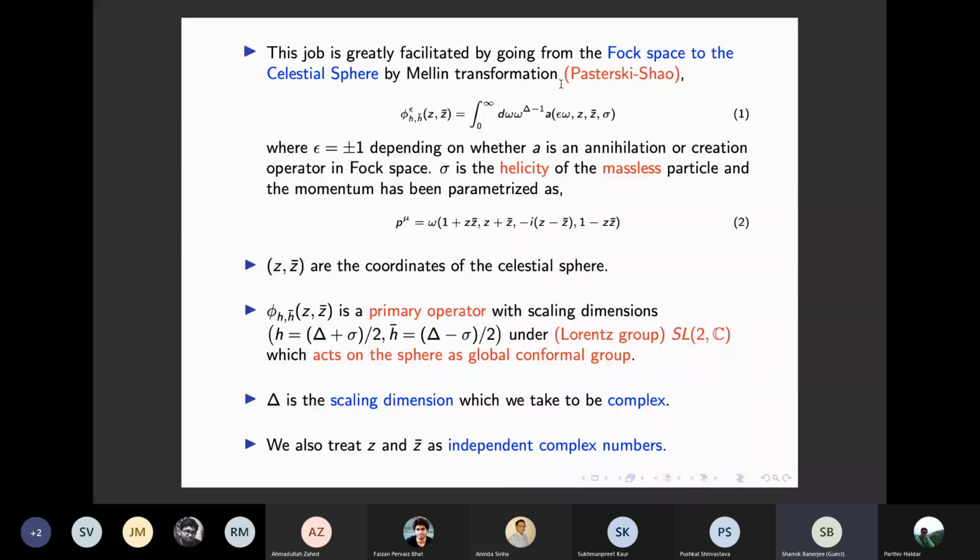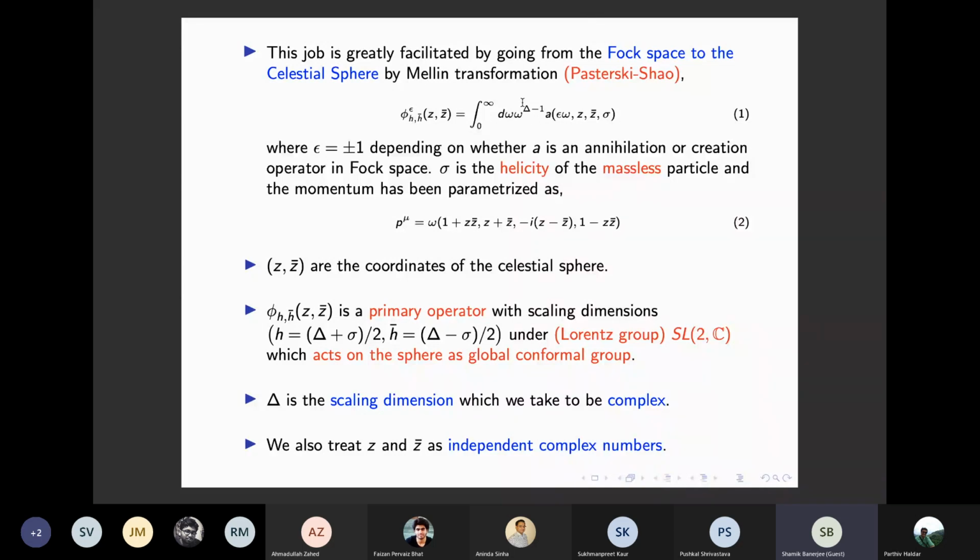The particular property of this integral transformation is that this field is a primary operator with scaling dimensions h and h bar, which have the standard form, delta plus sigma by 2 and delta minus sigma by 2, where delta is the conformal dimension of this field phi.